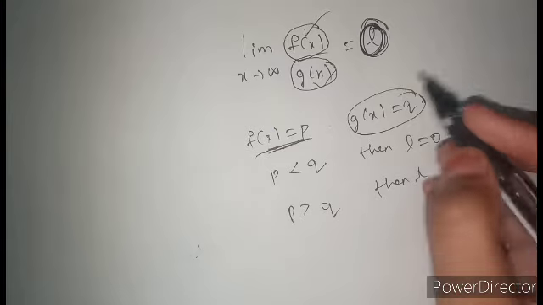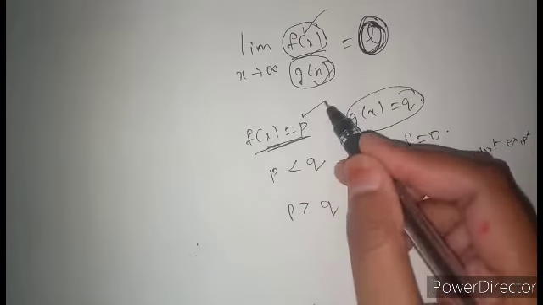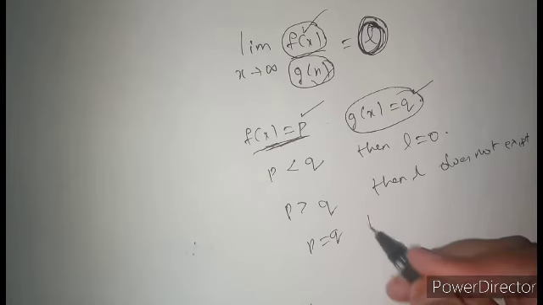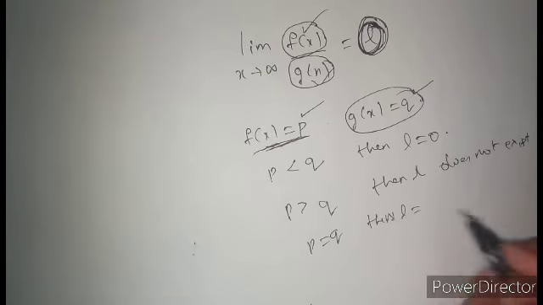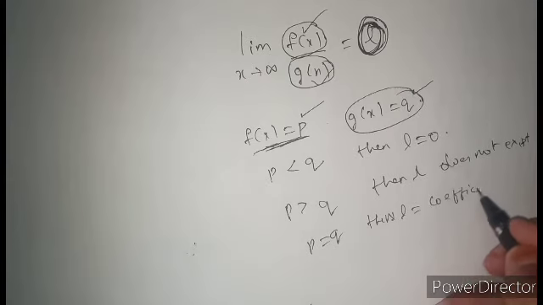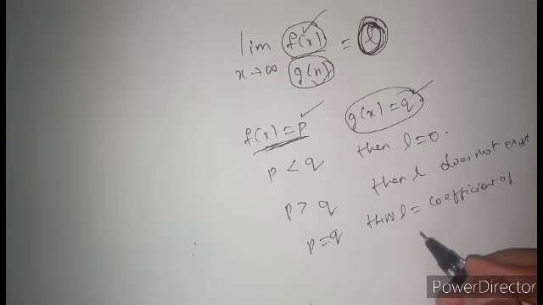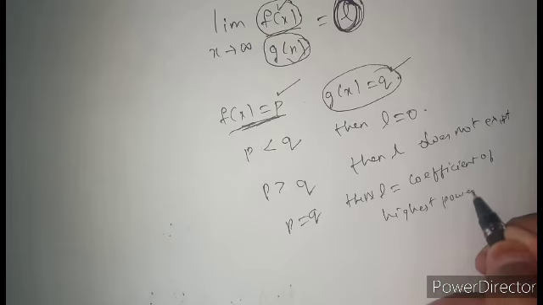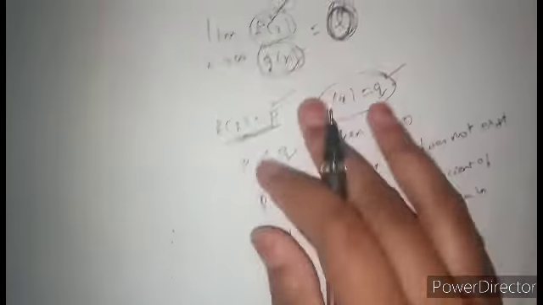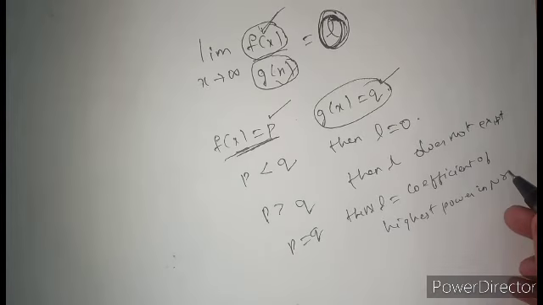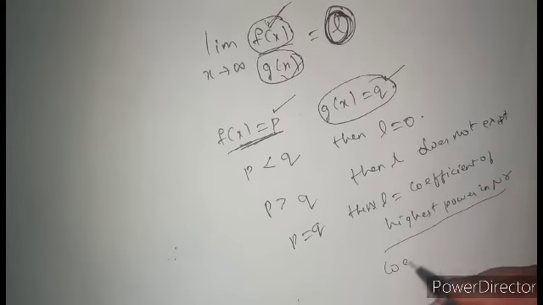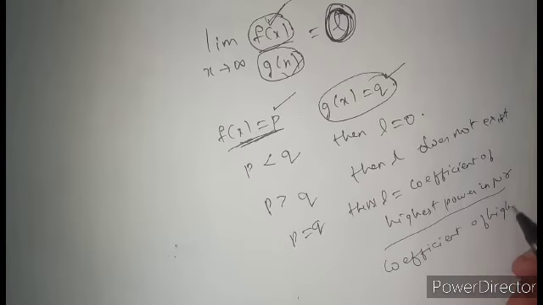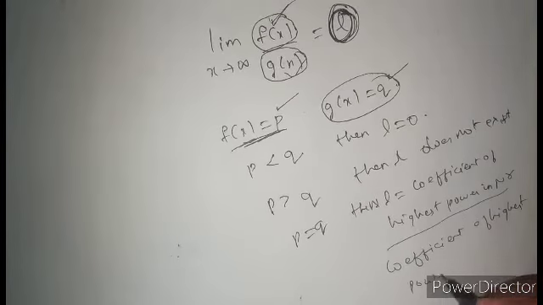If the degree of f of x as well as the degree of g of x are the same, then the L value is the coefficient of highest power in the numerator, divided by the coefficient of highest power in the denominator, okay? So this is the trick.